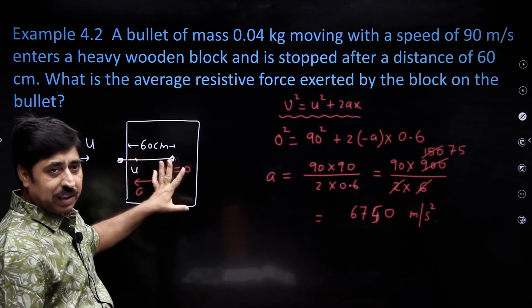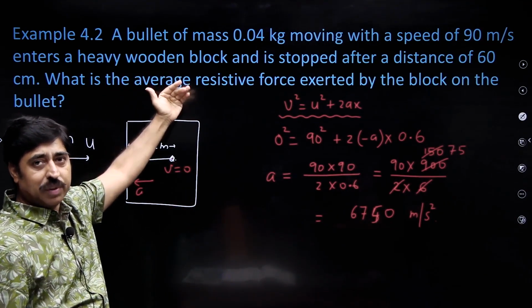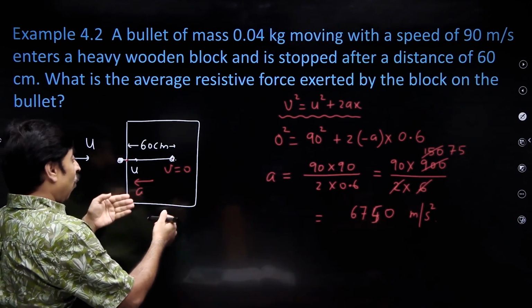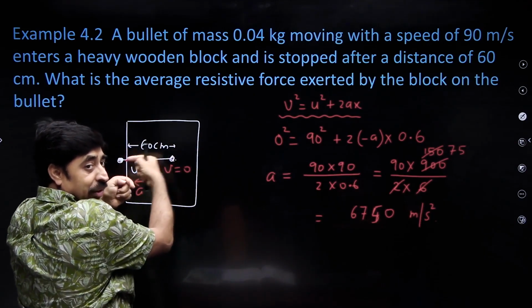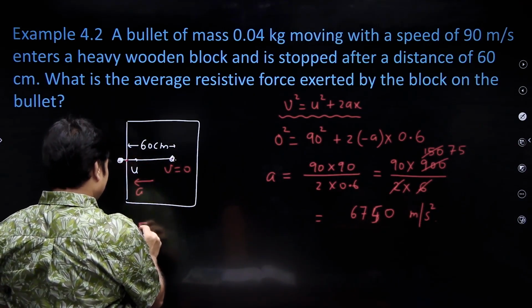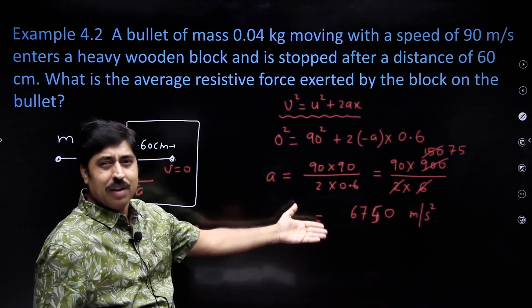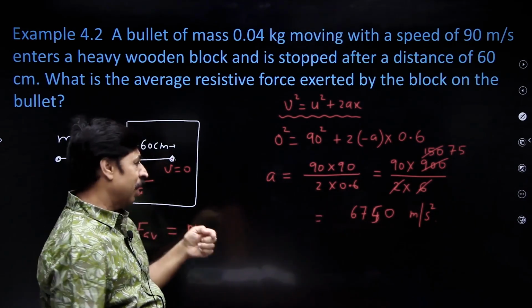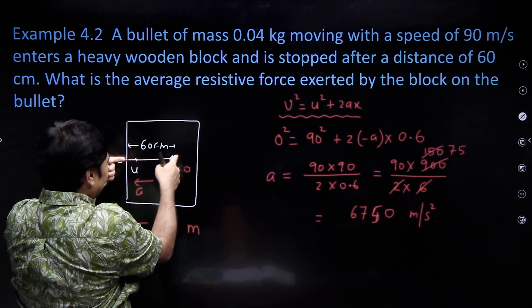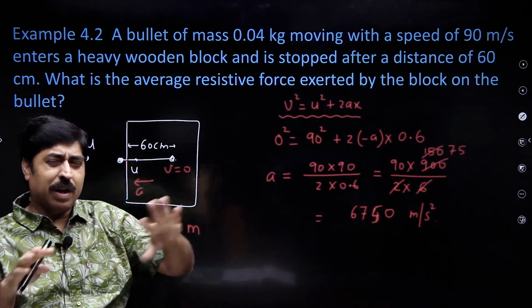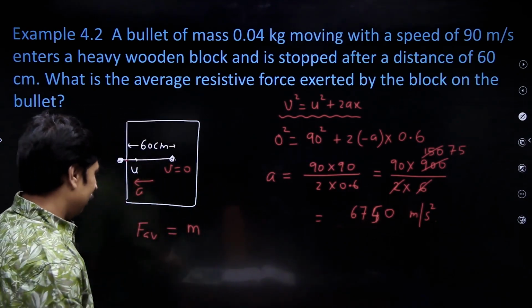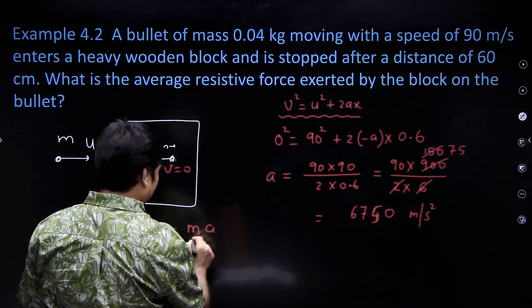Now, when I know the acceleration, I also know the mass of the bullet. Therefore, the force that this wooden block is applying on the bullet in this direction, the average force, is mass times this acceleration. This is an average acceleration, because I am not sure if the acceleration was constant throughout. So, the average force is mass times acceleration.